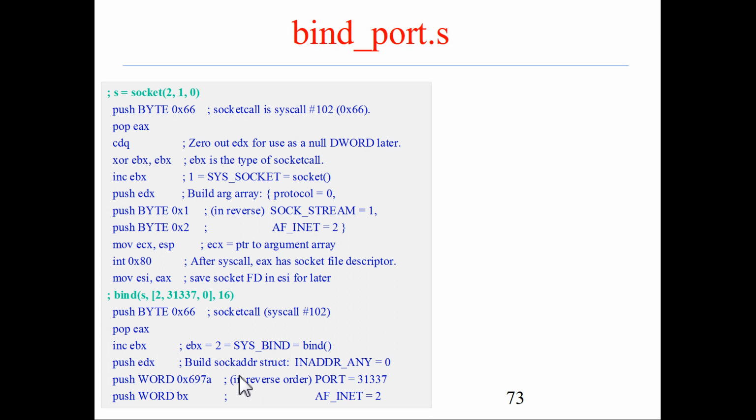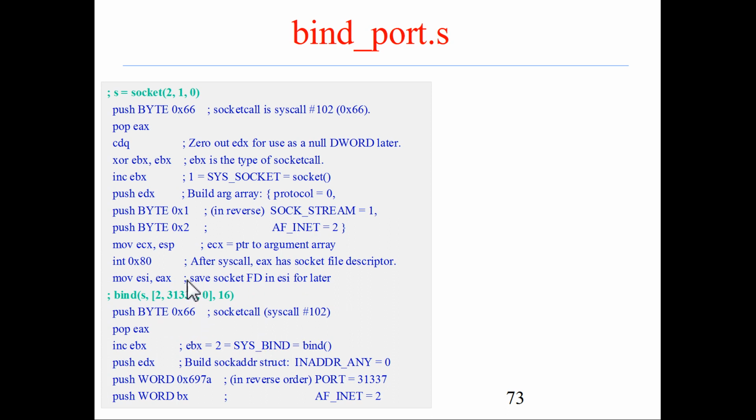So we translate the hex and then we do little endian reverse ordering on it. So 7A69 is at the end of the day going to be on the wire 697A. And then the last value, if you specify any integer other than 0, it's going to use that as the IP address. But if you specify 0, it's going to tell bind to use my IP address. And then lastly, the size of this struct, and that's going to be in bytes.